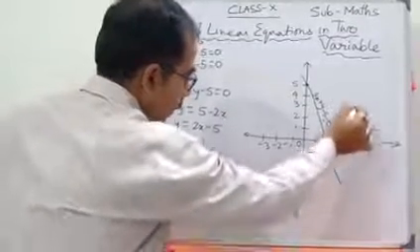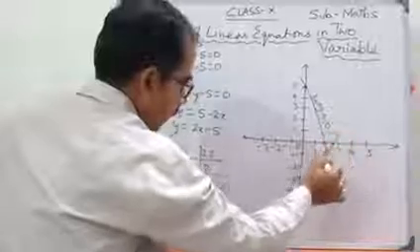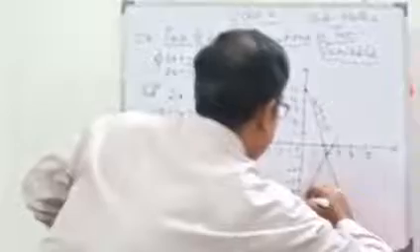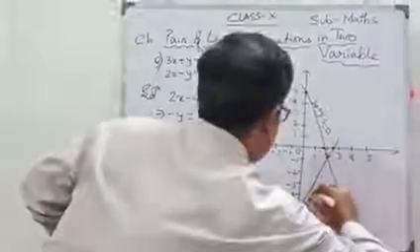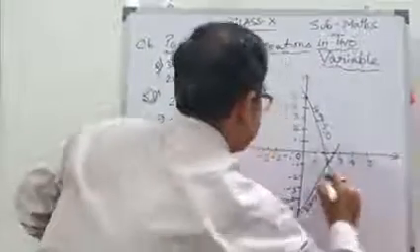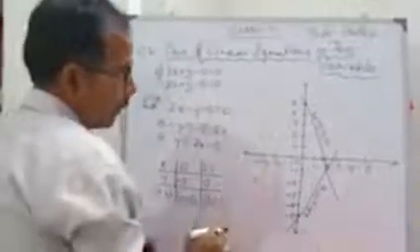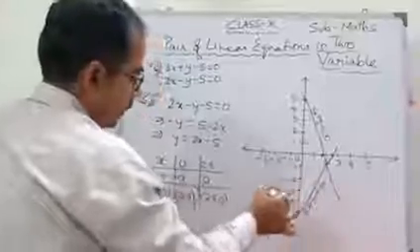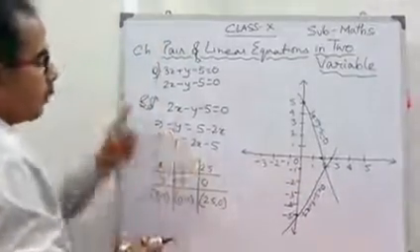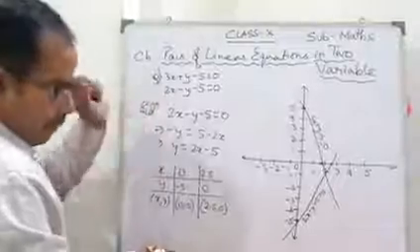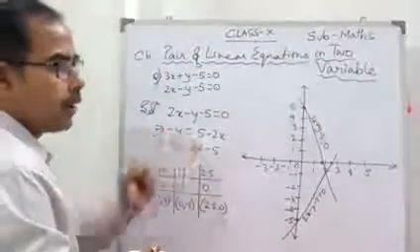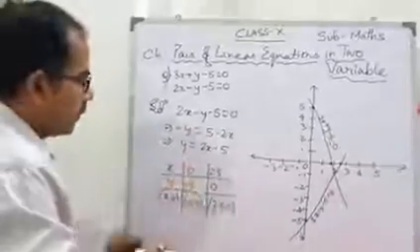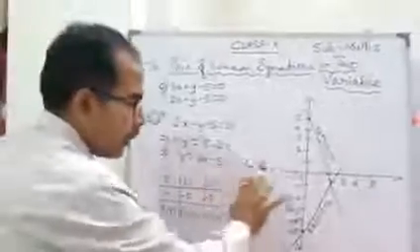So if you join this coordinate once again like this way, and over there you write 2x minus y minus 5 equal to 0, you have to write this line represents this one, this line represents this one. So first of all, in both the cases, what have you taken? First, once x equal to 0, automatically you get the value of y, and once you take y equal to 0, at that time you will get the value of x. Like that way, draw it over the graph.